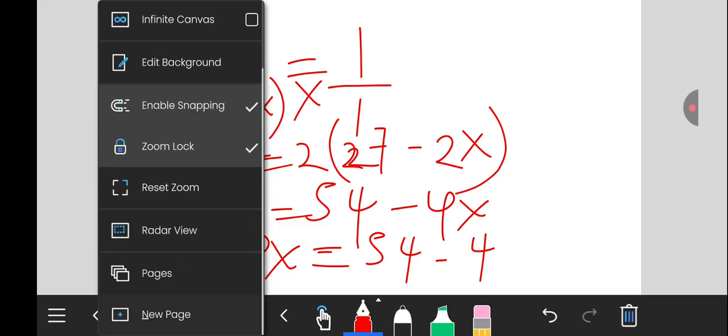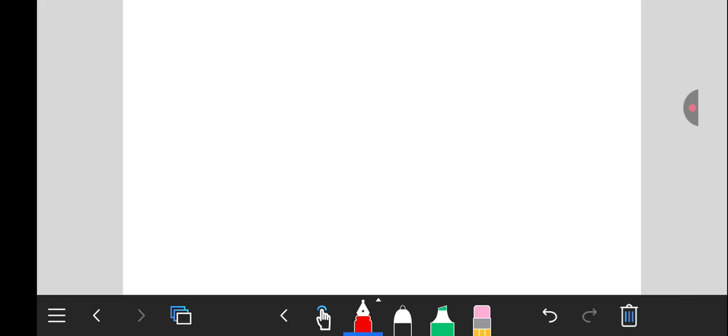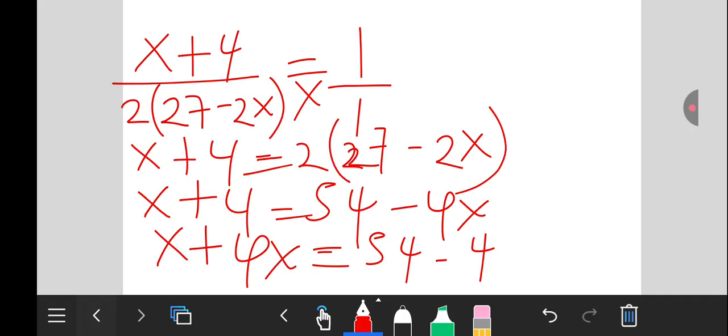So what we have is x plus 4x is equal to 54 minus 4. That is what we had, right?